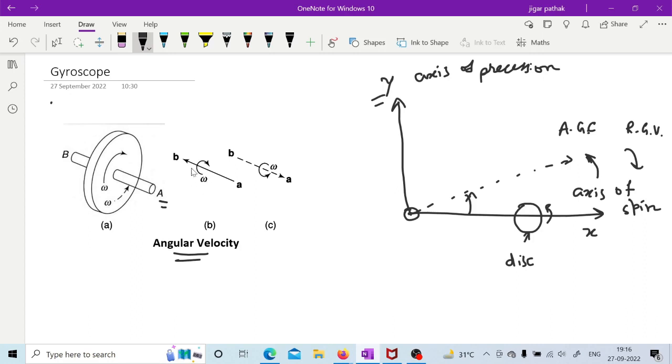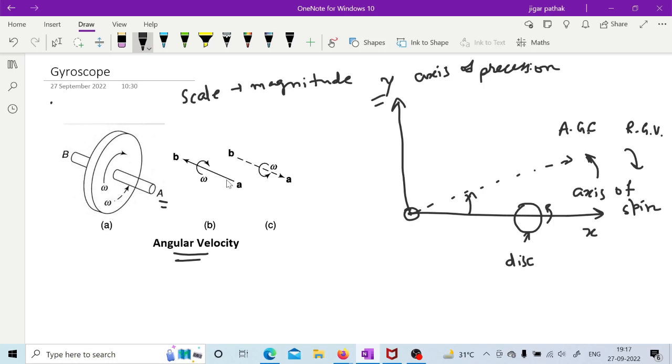For that you can take a scale and represent the magnitude of that angular velocity. So this AB vector is showing the magnitude of that angular velocity omega. Now the second thing is how you are going to plot the direction.